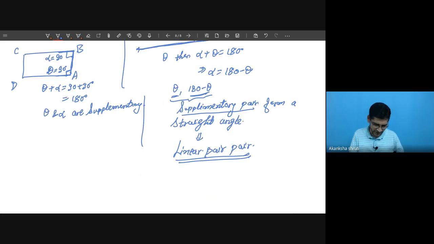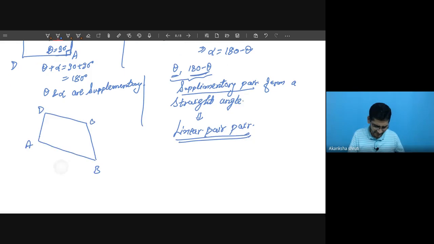It is also possible that there could be a quadrilateral such that the sum of its opposite angles is 180 degrees. Let us consider this as a quadrilateral.